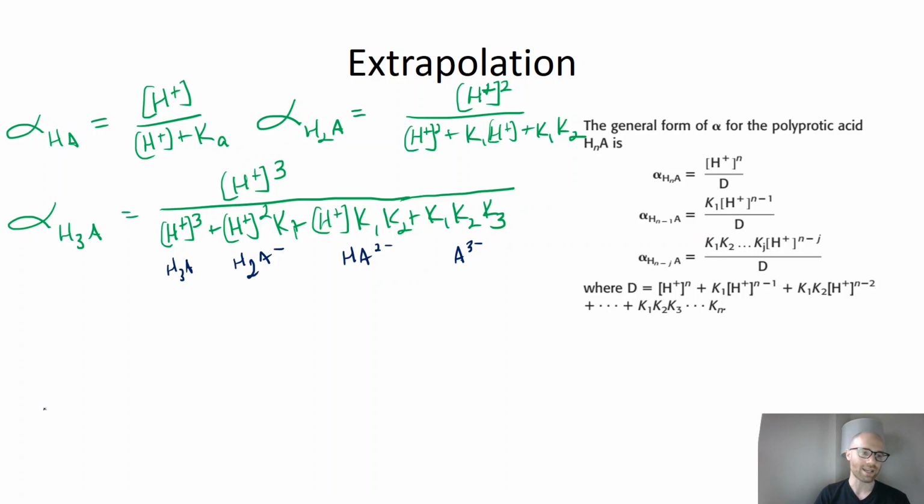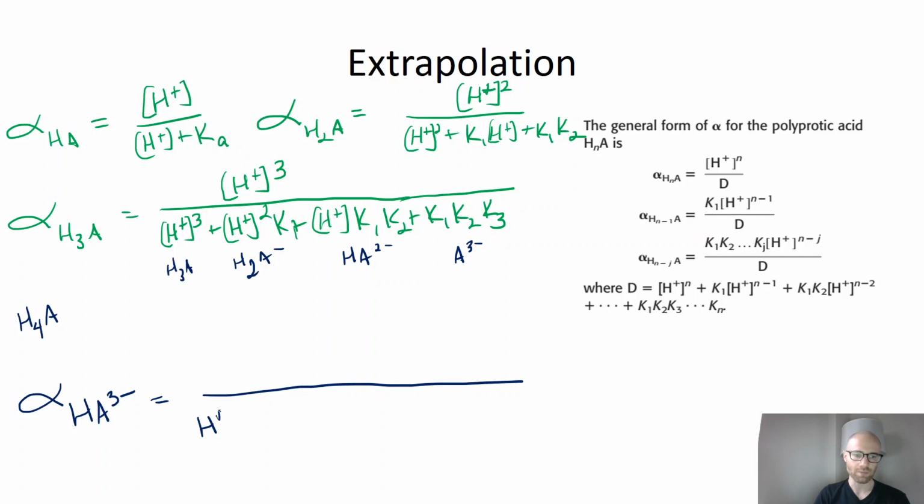So if I said, what is the alpha of HA3 minus, considering the acid H4A, it's tetraprotic, hypothetically you should be able to look at that and think for a minute and say, wait, if it's tetraprotic, I'm going to follow the pattern. And I'm going to keep writing because this is a not difficult but super lengthy process.